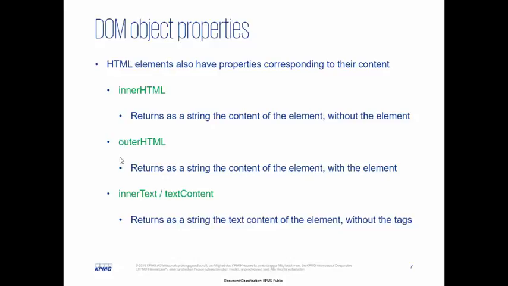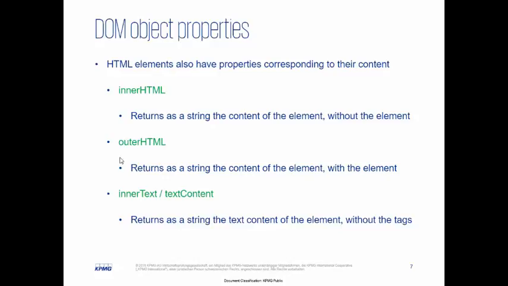So if you had a paragraph like I just showed you with text, outerHTML will take the paragraph itself with the P and will just give you the HTML as a string. The outerHTML, the innerHTML will take only what's internal. And then we have innerText and textContent, these are two different ones depending on which browser you're working on.